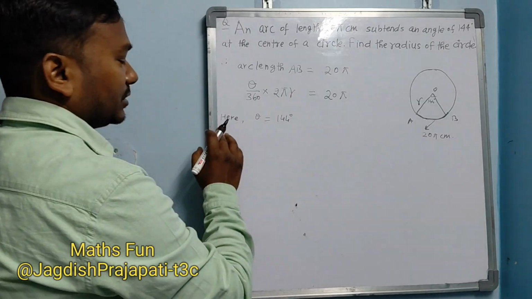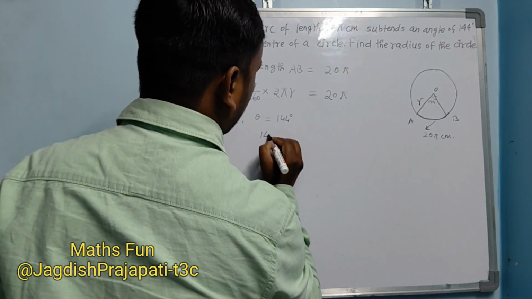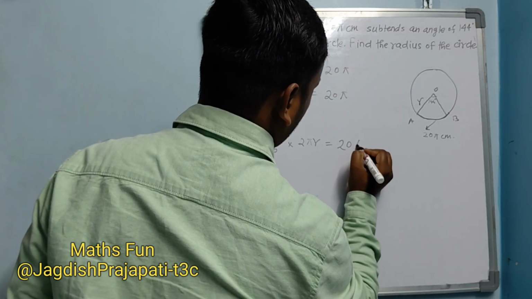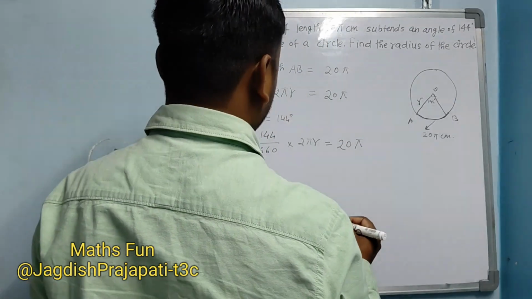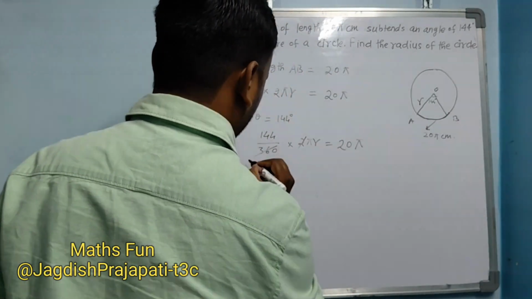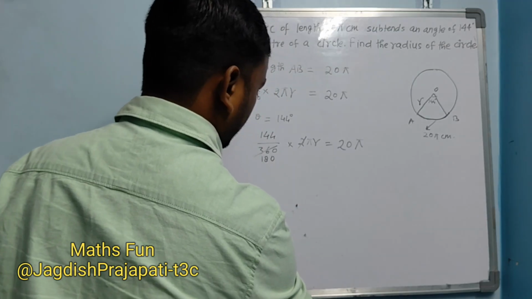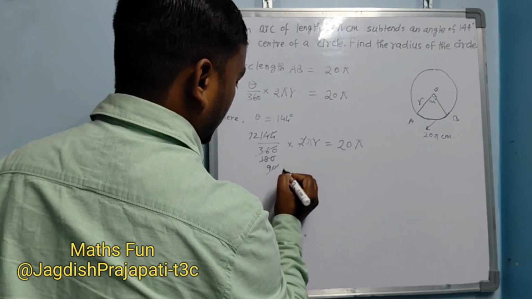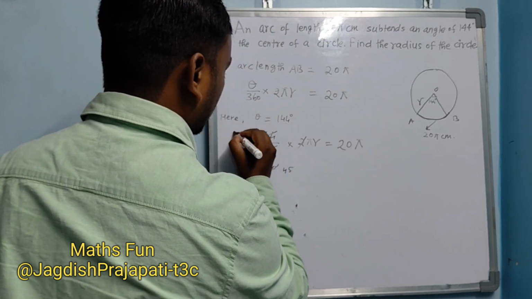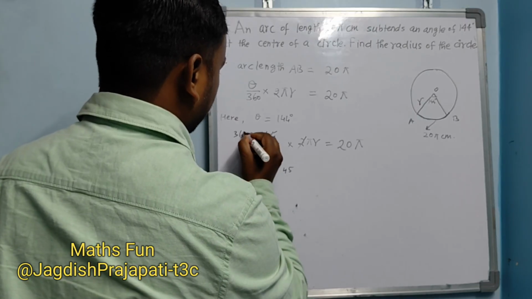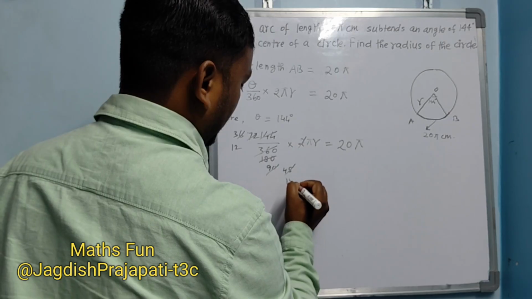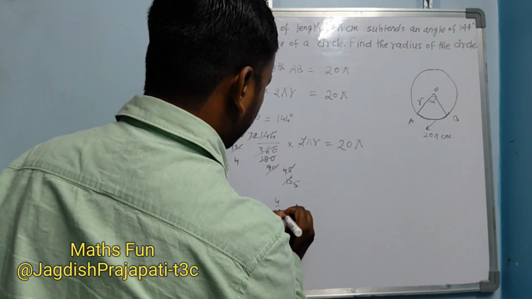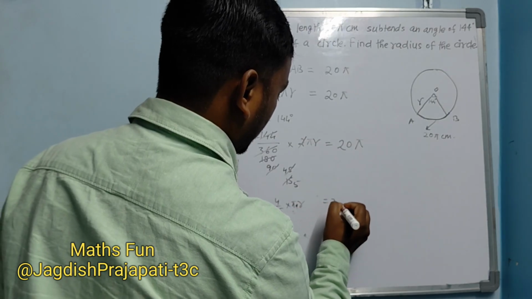So here, since theta is 144 degree, so 144 by 360 into 2 pi r equals 25. Now simplify: 144 by 360, dividing by 2 and then by 2 and by 3 repeatedly, gives finally 4 by 5 into pi r equal to 20 pi.